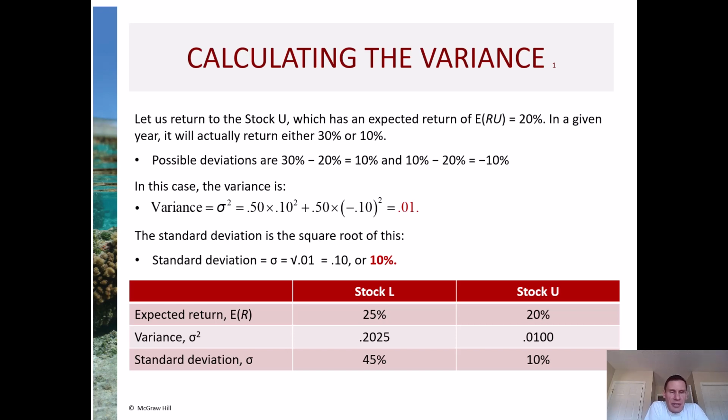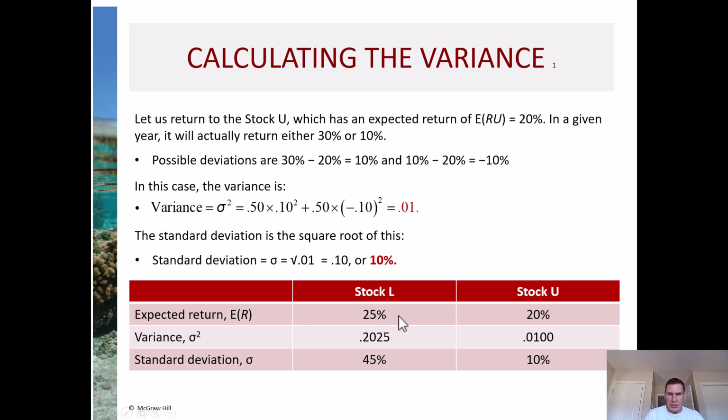So in this case, the variance is, here's what we're going to do. We're going to take the 0.5 times the 0.10 squared plus the 0.5 times, in parentheses, minus the 0.10 squared, and we get the variance as 0.01. So the standard deviation is just always the square root of the variance, so that would just be 0.1, so we could just say it's 10%.